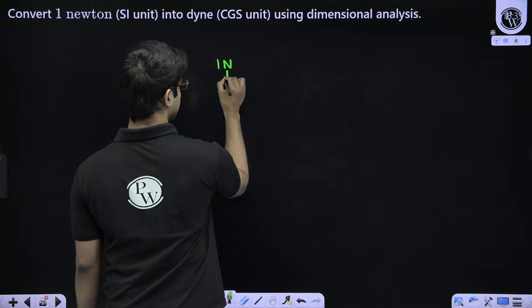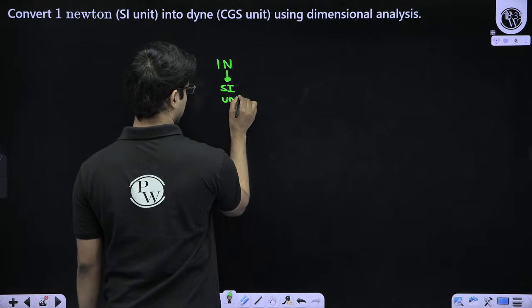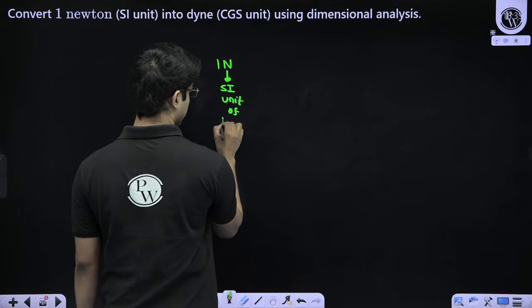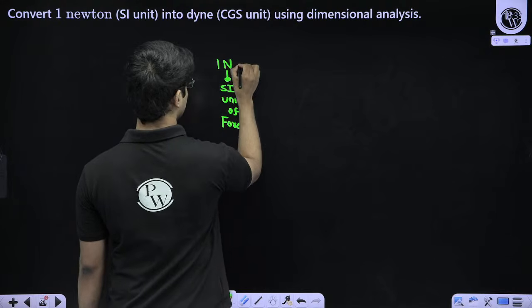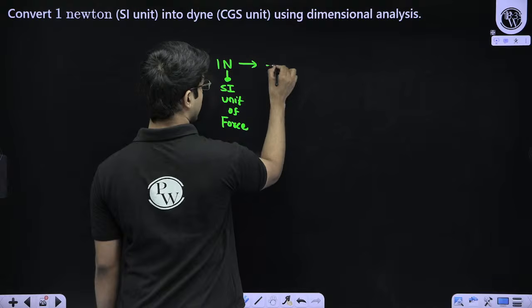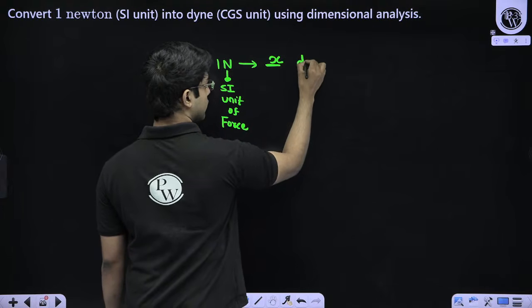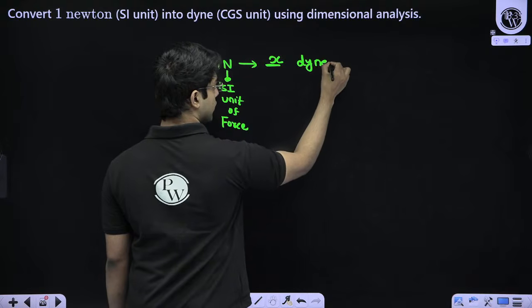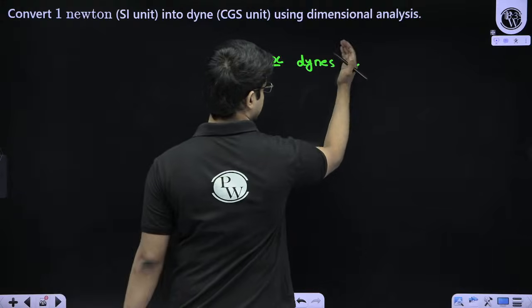Newton is the SI unit of force. We have to convert it into dynes. I don't know the exact numerical value, so let's call it X. We need to convert it into this unit known as dyne.